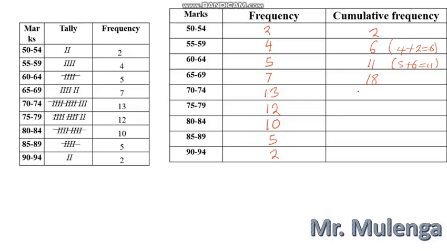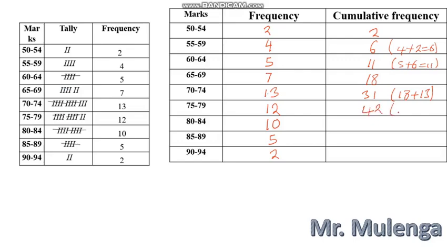Then from here we are going to add 13 plus 18. This will give us a 31. So I've just added 18 plus 13, hence the 31. Then here we say 12 plus 31, we are going to have 43.